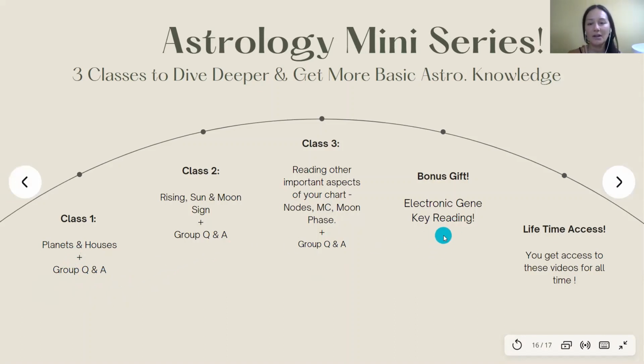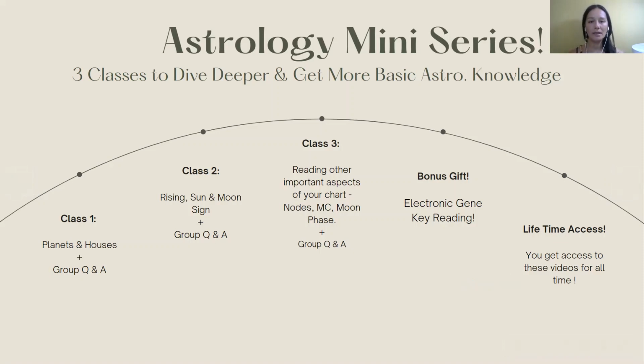You also get an electronic gene key reading, which has to do with the gene keys and crystals and also astrology. I'll explain more about that in an email, but you get that as part of the class, and you get lifetime access to the classes, just like you do with this one that I've sent you.